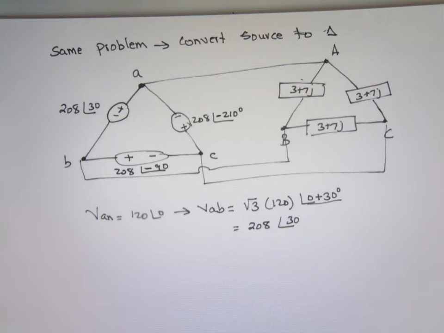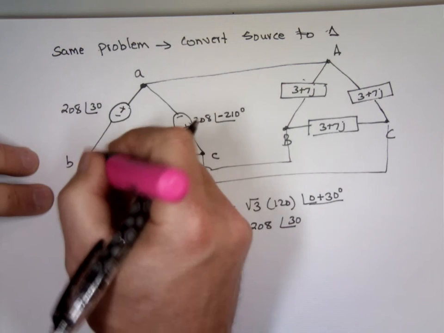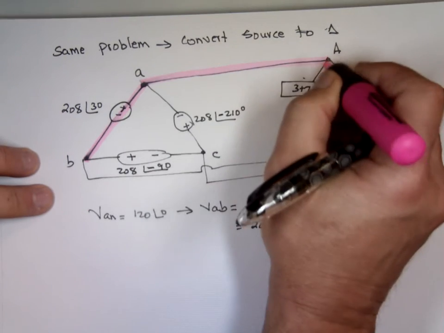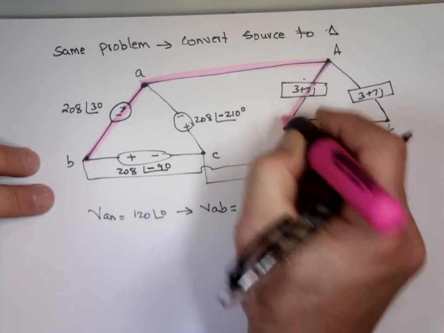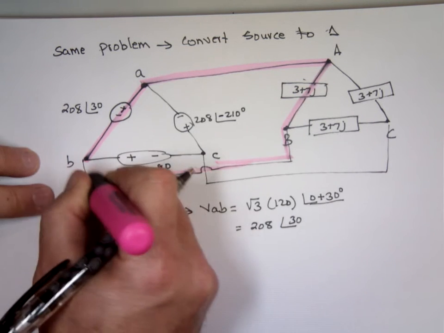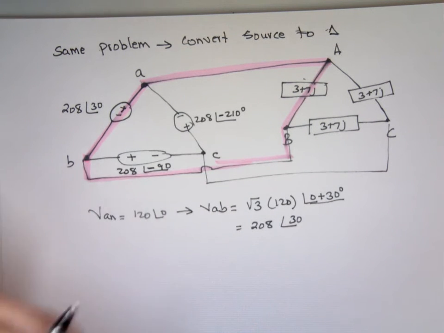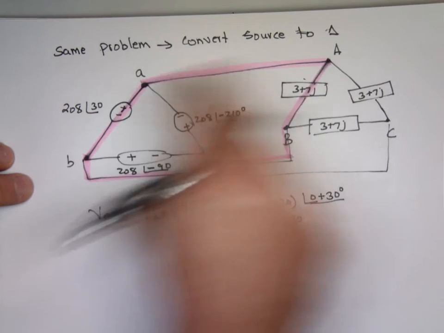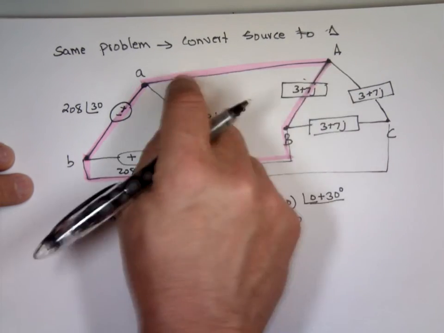Now let's trace one branch here, one loop, A to B. This current going through this, A to A, it's not this current. This current is going to come down, split into two currents.